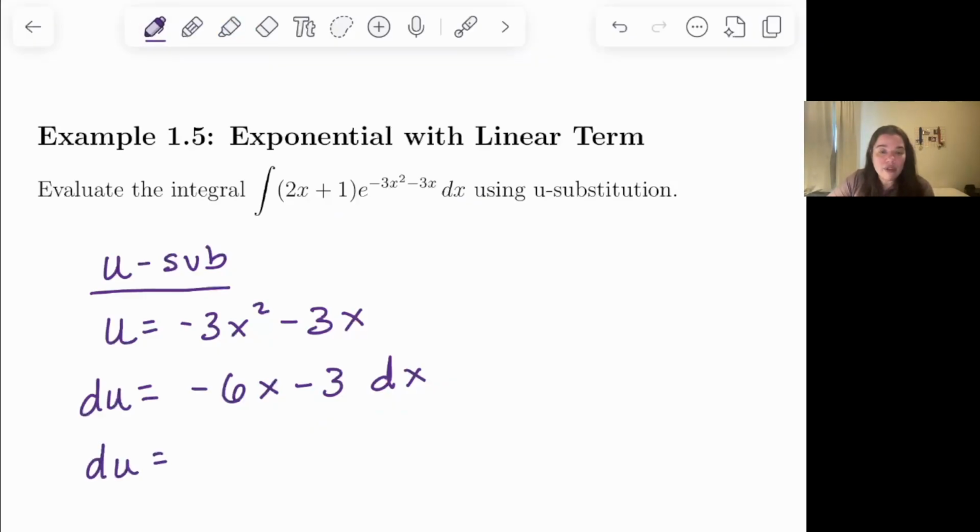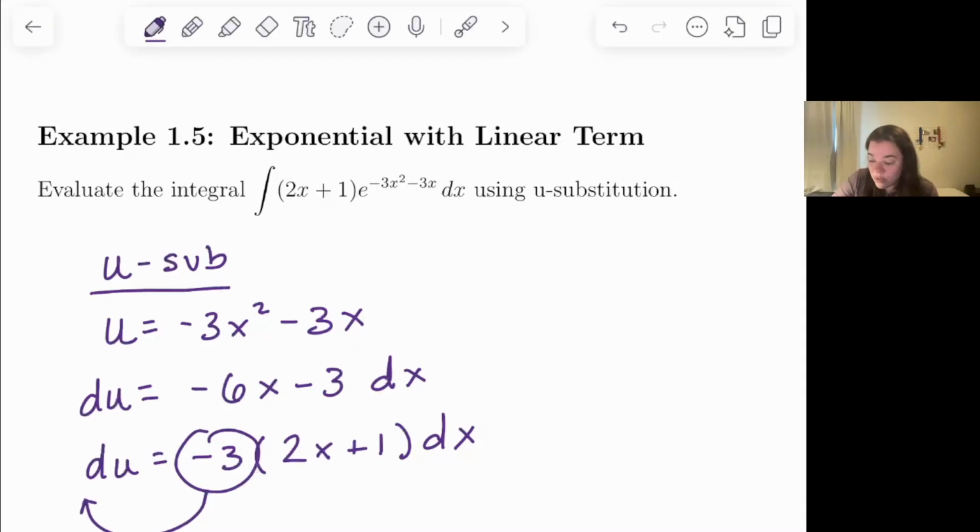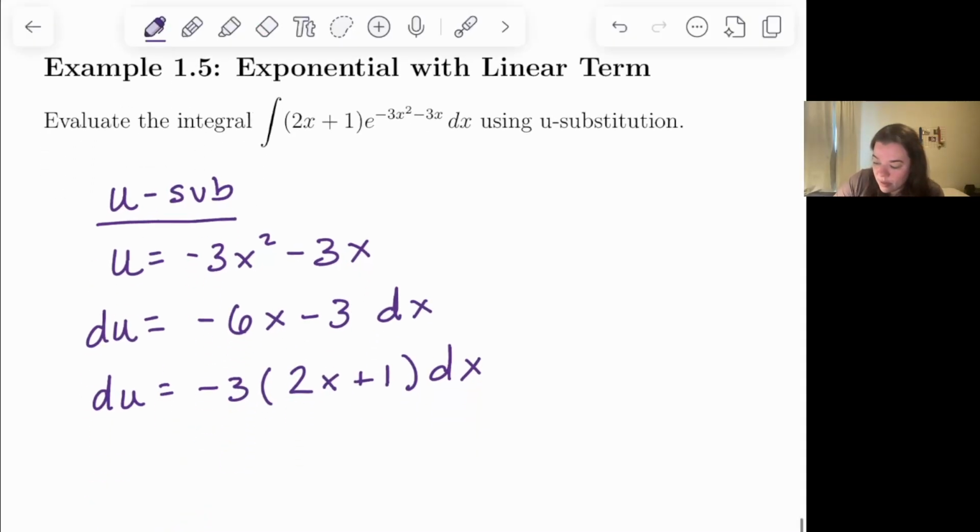If I'm clever and recognize, factor out on this right side here, just a little scratch work, factor out a negative 3. If I factor out a negative 3, I leave behind a 2x plus 1 dx. There it is. Let's make that better. 2x plus 1 dx. So this negative 3 is extra. I'm going to take it and divide it over to the other side of my scratch work.